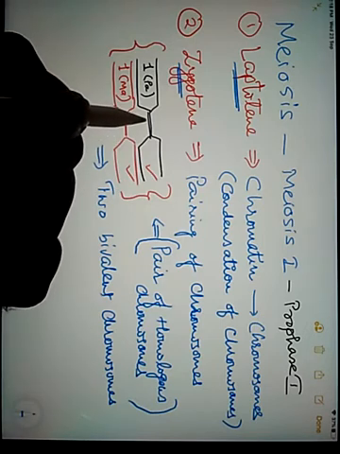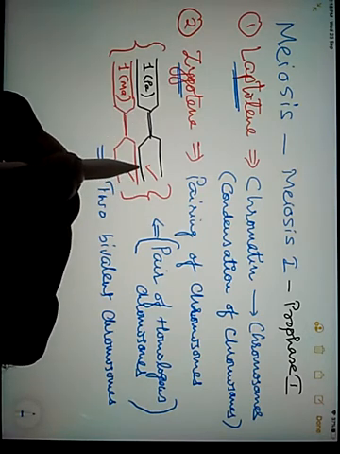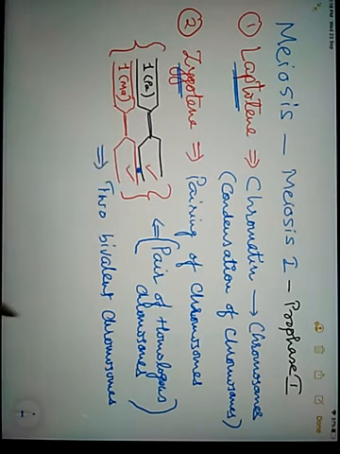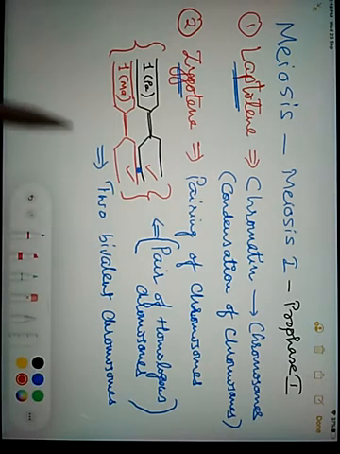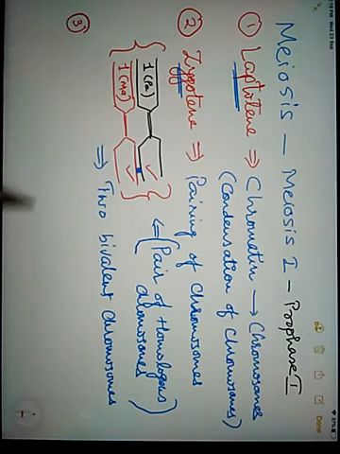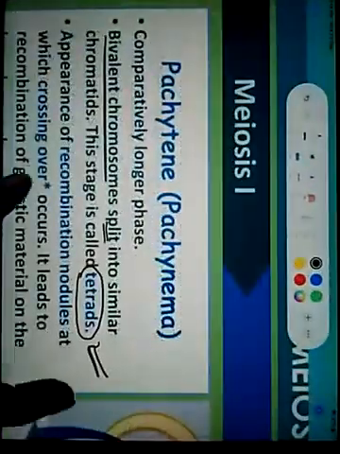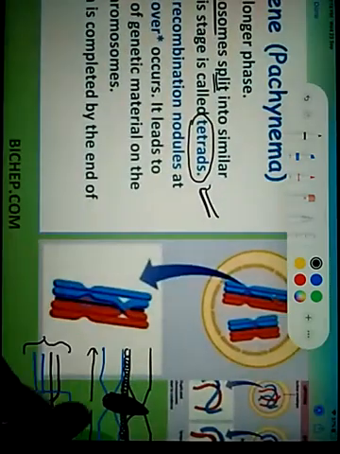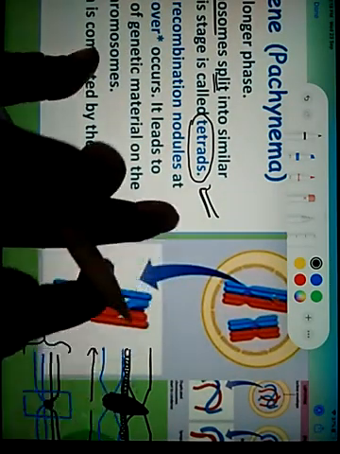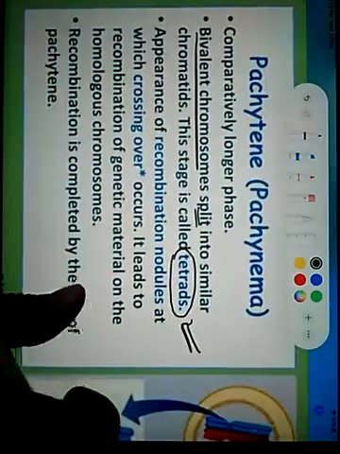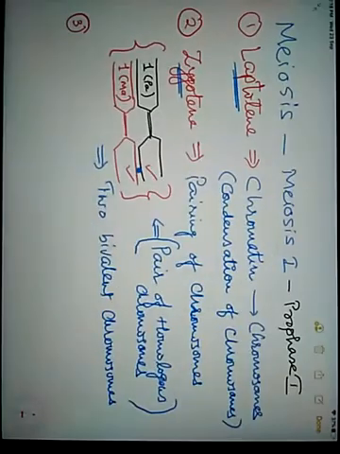But from the centromere they still are not joined, but they have joined at the synaptonemal complex. Ready? Now if I talk about the third phase, if you see in the diagram, they are joined at the centromere.